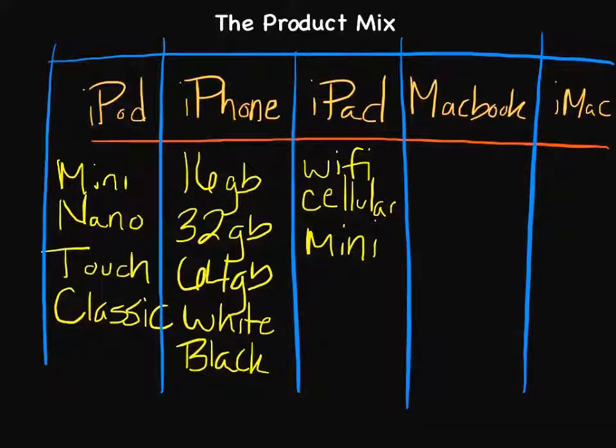Having too wide of a product mix obviously can be bad. You might think, well, you're diversified, it's great, you're doing a number of different things. Yeah, that's true. But you run the risk of diluting your brand ultimately and just cannibalizing your own sales. Campbell's Soup had this problem before. They actually looked at the products they had, and they had 50 to 60 different types of soup that they actually sold.